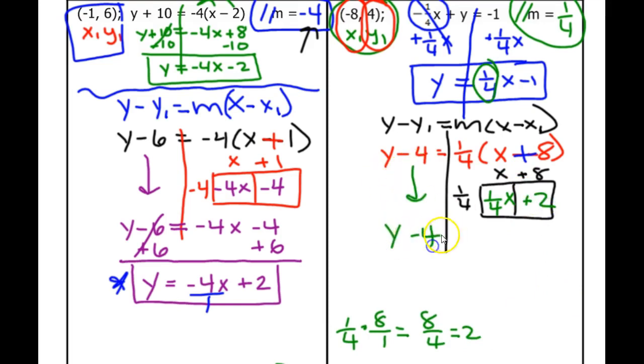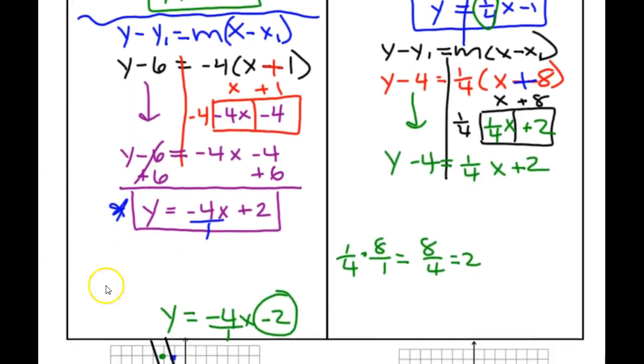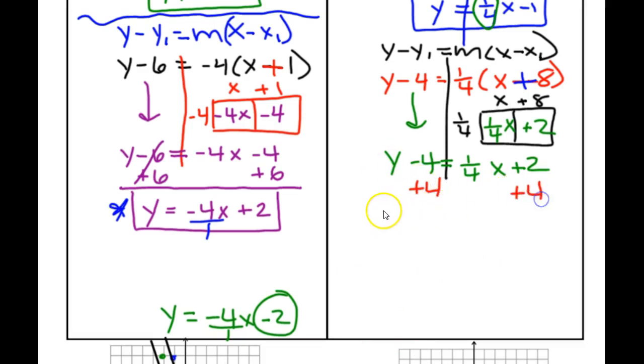We have y minus 4 equals 1/4 x plus 2. And then last, we need y by itself. So I'm going to add 4 on both sides. So we have y equals 1 over 4x plus 6.